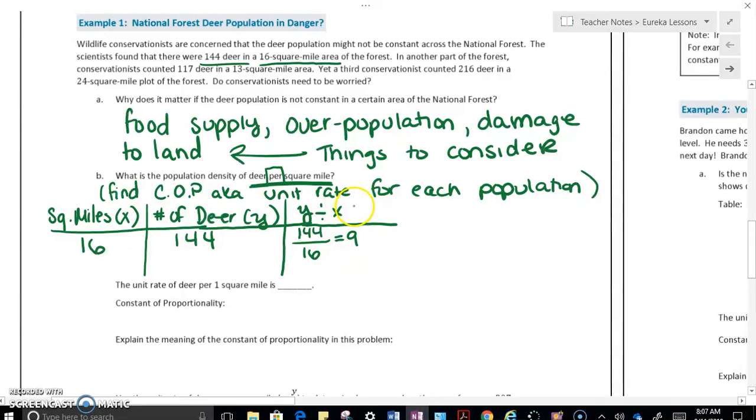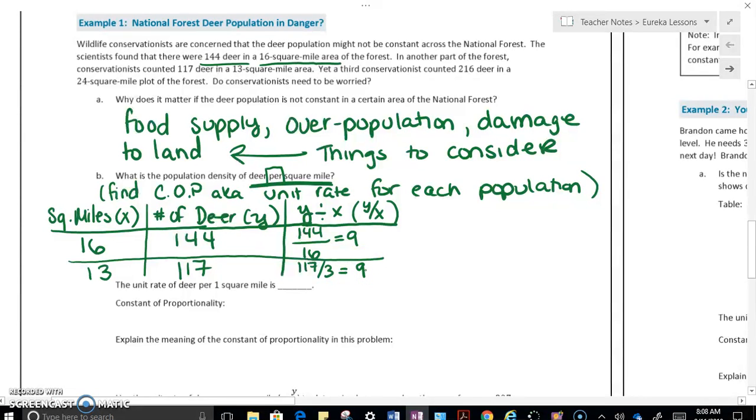Remember, the unit rate is Y divided by X, in this form. And then we have 13 square miles and 117 deer. 117 divided by 13 also equals 9.